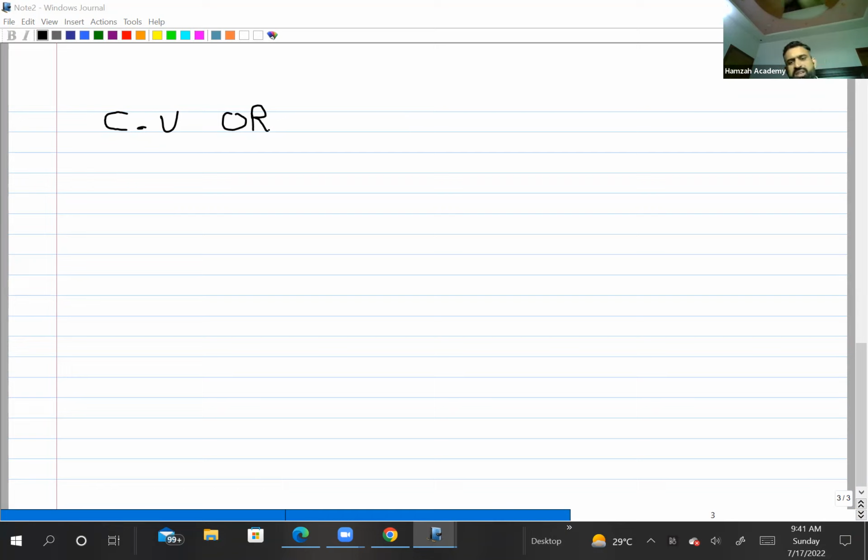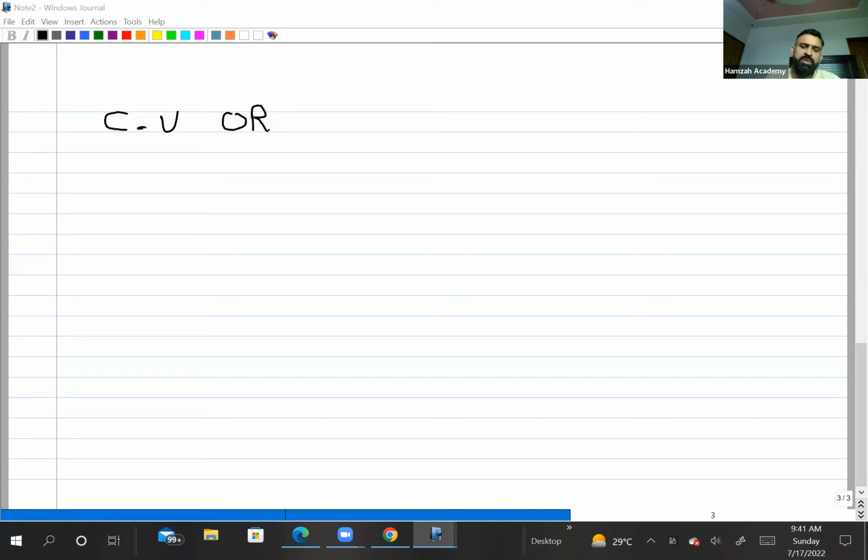Non-bearer plant means the plants which give us the agriculture produce like wheat, rice, crop of a strawberry. These are the non-bearer plants.